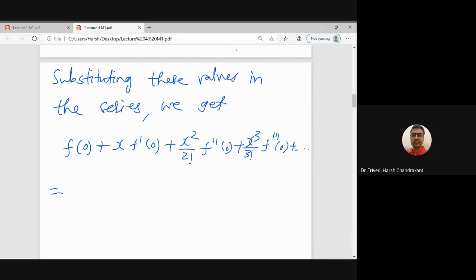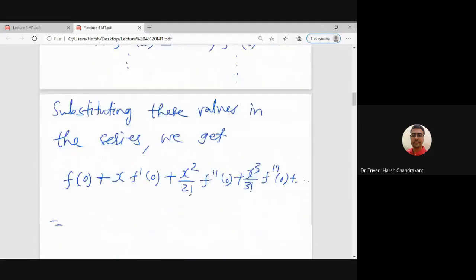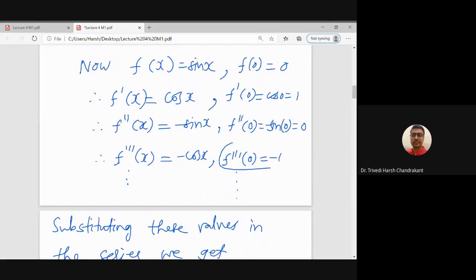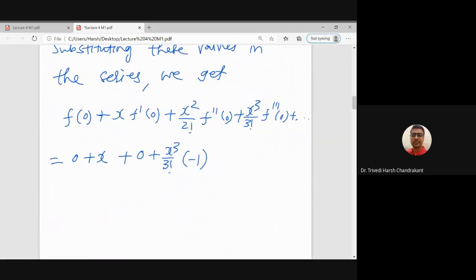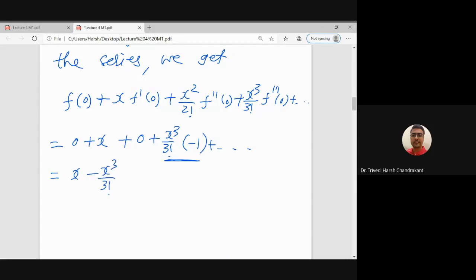So f of 0 is 0, plus f dash 0 is 1, so we'll get x. Then the second derivative is 0 because it is in terms of sin 0. The third term will be x cubed by 3 factorial into minus 1, since the third derivative is minus 1. So what we are getting here is the term x, then minus x cubed by 3 factorial. The next term will be x power 5 by 5 factorial.